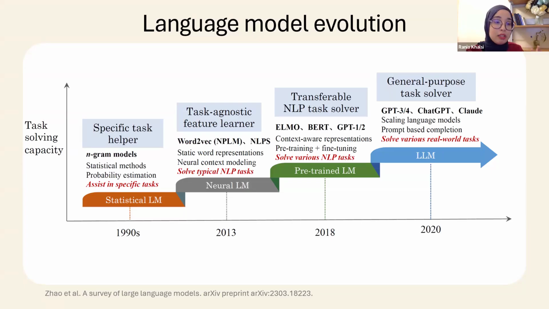Next, around 2013, things improved with neural language models. We started having better hardware and more computational power, so language models became able to solve NLP tasks. This is also when word2vec appeared.